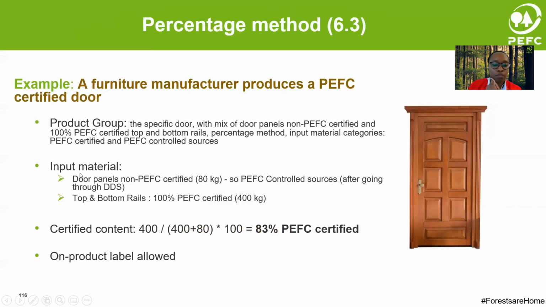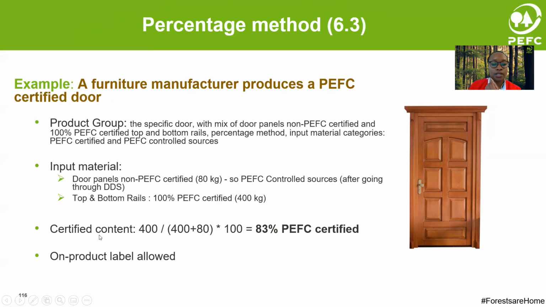So you take the input: the door panels, which are non-PFC certified, cover for 80 kilograms, for example. And then you have the top and bottom rails, which are 100% PFC certified, which are 400 kilograms, for example.